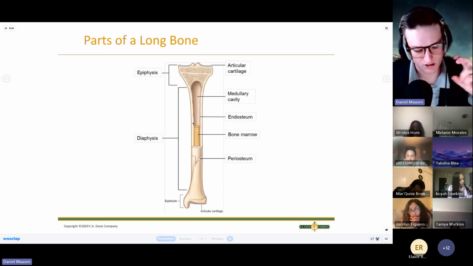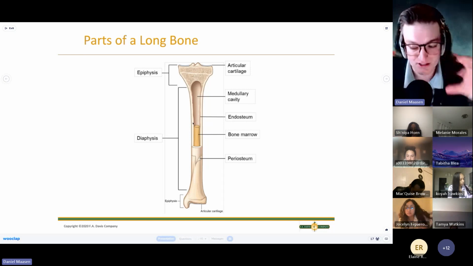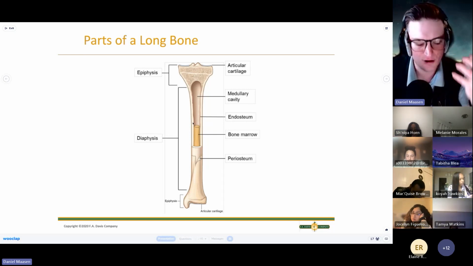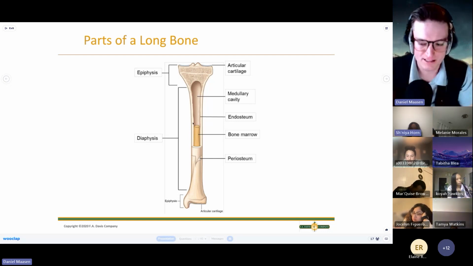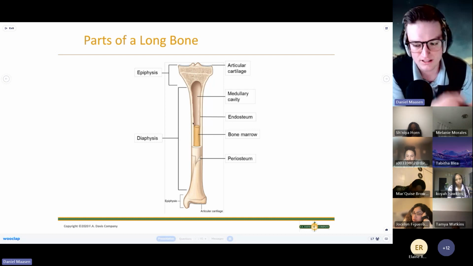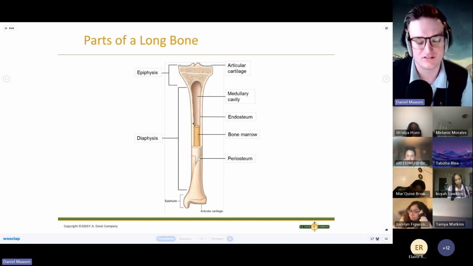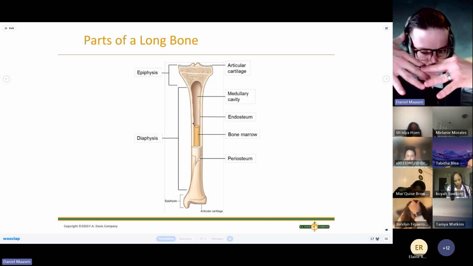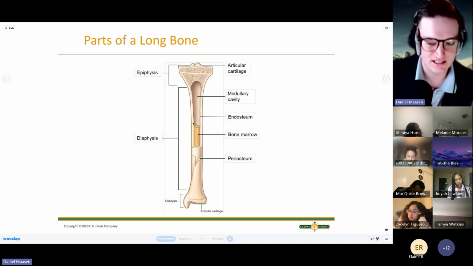Because the cells of bone, especially on the outside, give it its structural rigidity, meaning it's strong and firm. If you've ever picked up a bone, it feels light, but it's really hard. It's hard to attach to because it's also smooth. So that membrane on the outside gives a connection point for the fibers of our connective tissue to attach, so that we can attach tendons and ligaments where they're supposed to be.